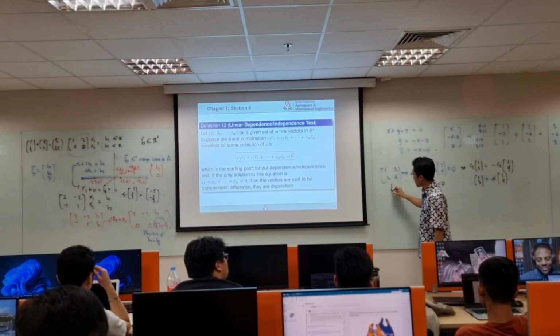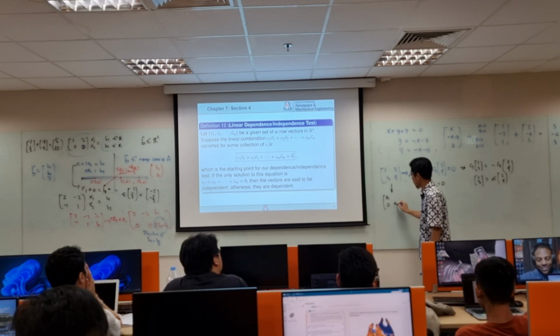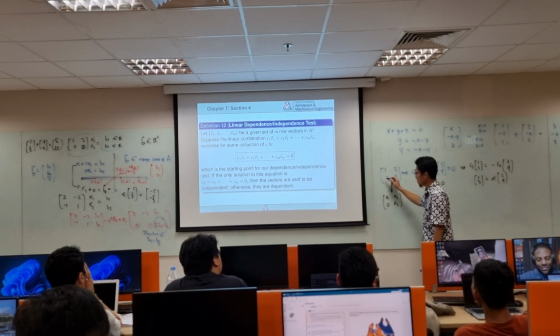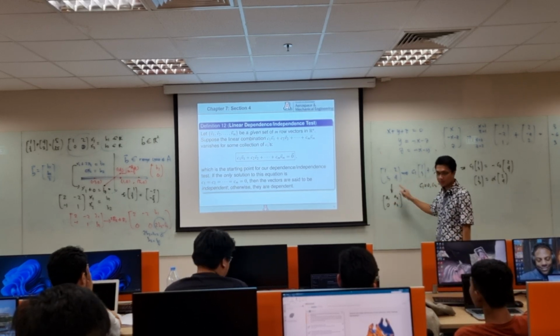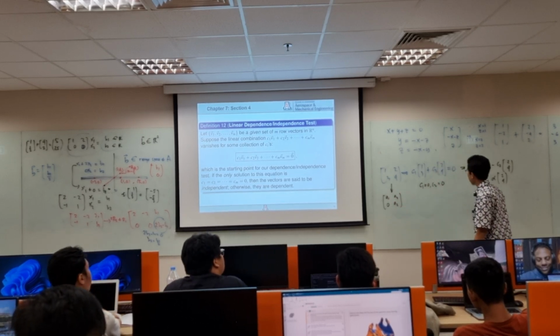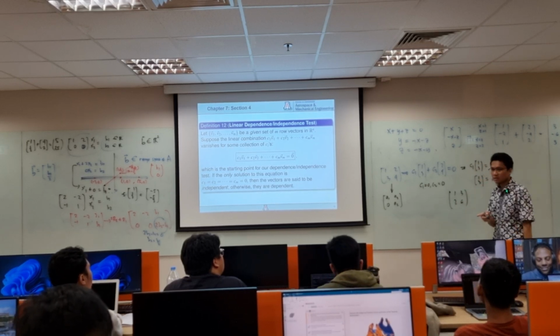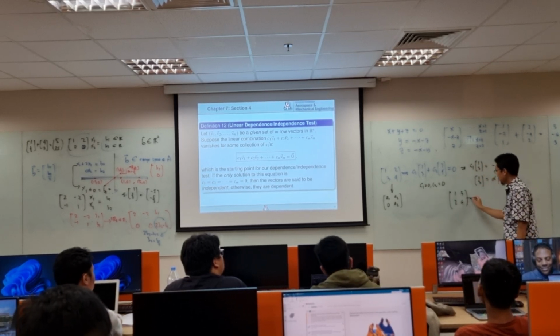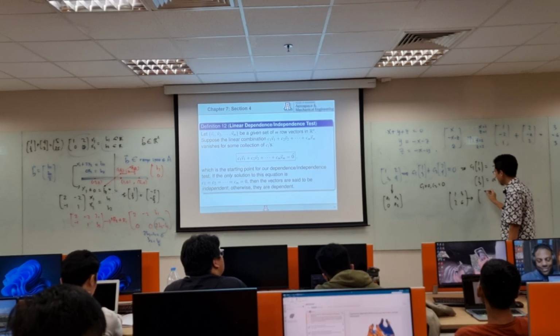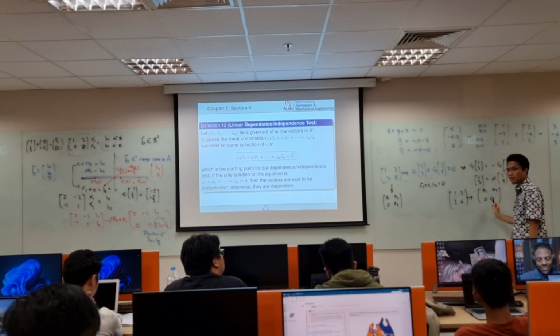If you want to row reduce this, it will just become like this, because this is linearly independent. It will become upper triangular with non-zero rows. However, if you have 1, 2, 3, 6, just like Sean said, you row reduce it, it will become 0 in here.